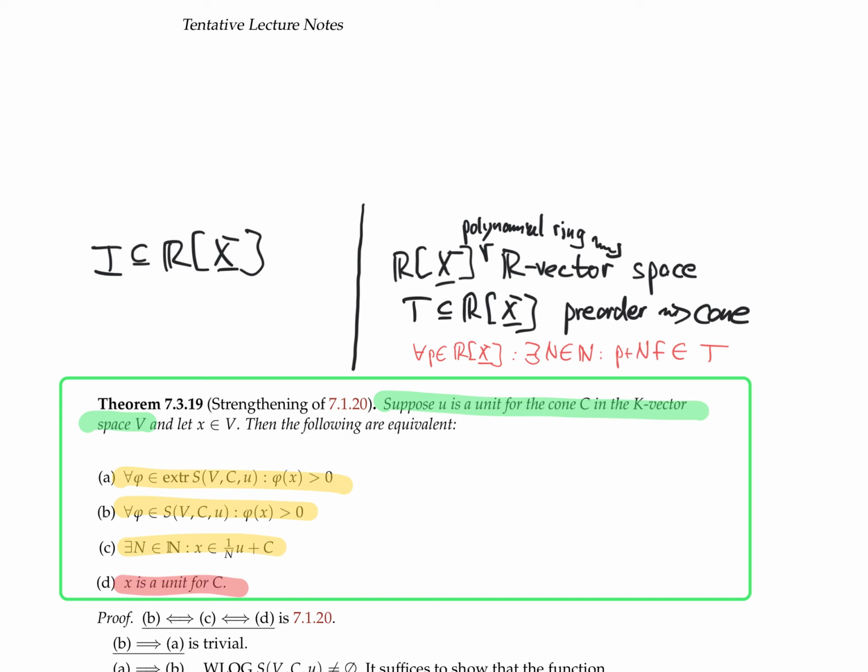So then take the ideal of all polynomials that vanish at this zero. And my new vector space is then I. I is also an R vector space, right? It's actually an ideal, but I look at it as an R vector space. And instead of T, I look at T intersected I.